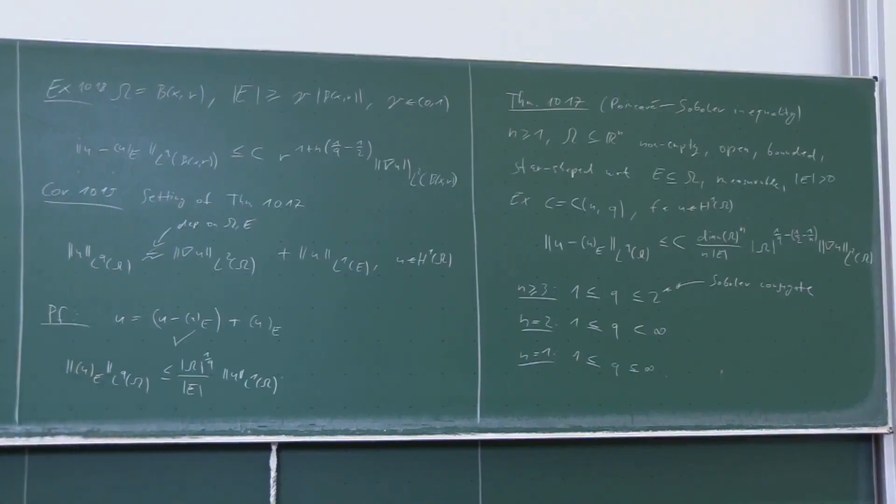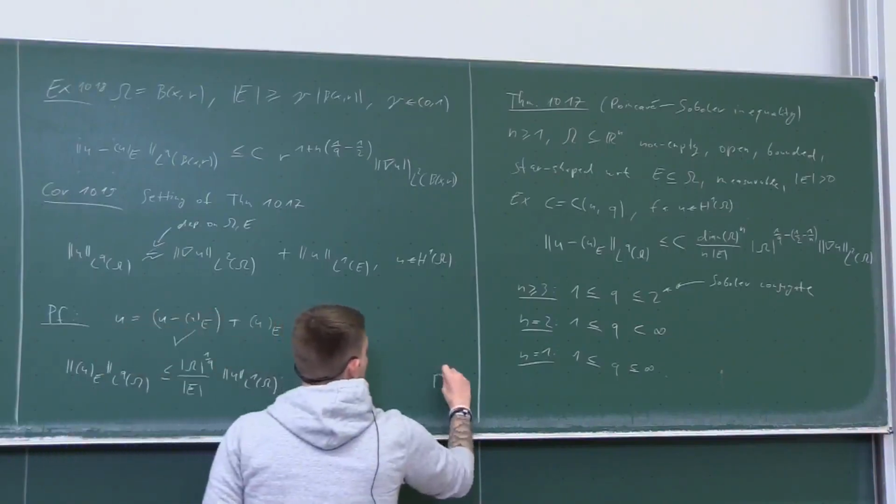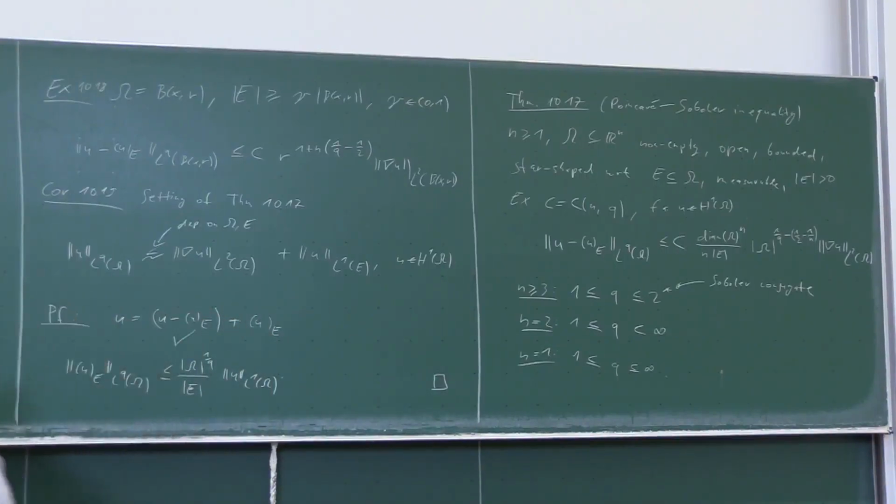Either you know this inequality or you just write down what this expression means here. In fact you integrate a constant, the Lq norm, then you use maybe Jensen's inequality, or you do some Hölder applications, whatever you like, and then you will rapidly find this bound here. Okay, so this concludes this proof.